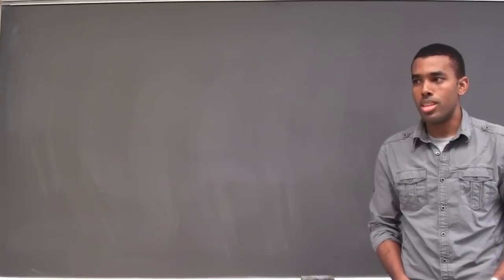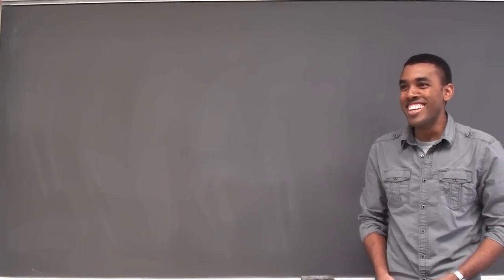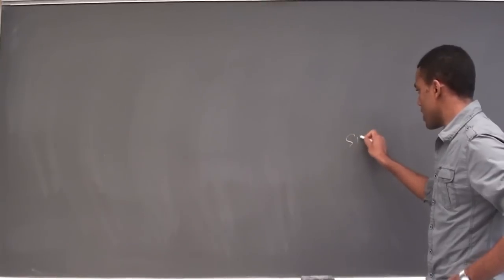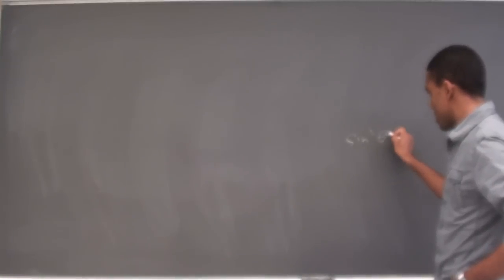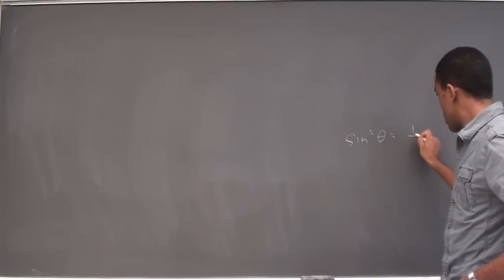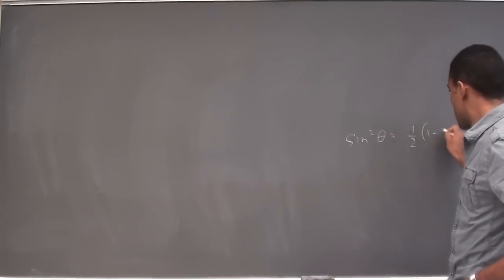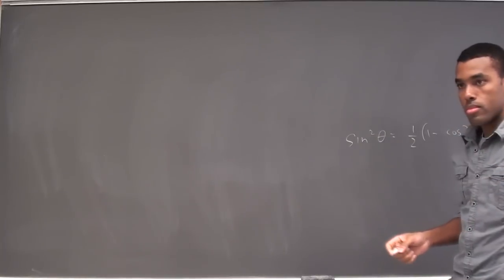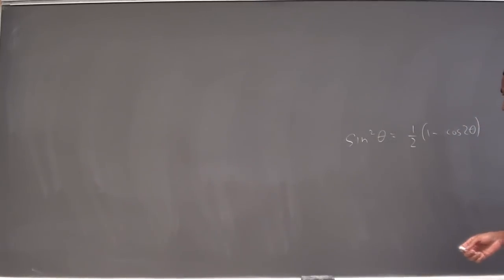I didn't follow what you said. If you know that sine squared theta is equal to 1/2 times 1 minus cosine of 2 theta, then you can just do derivatives on both sides to solve for sine 2 theta.